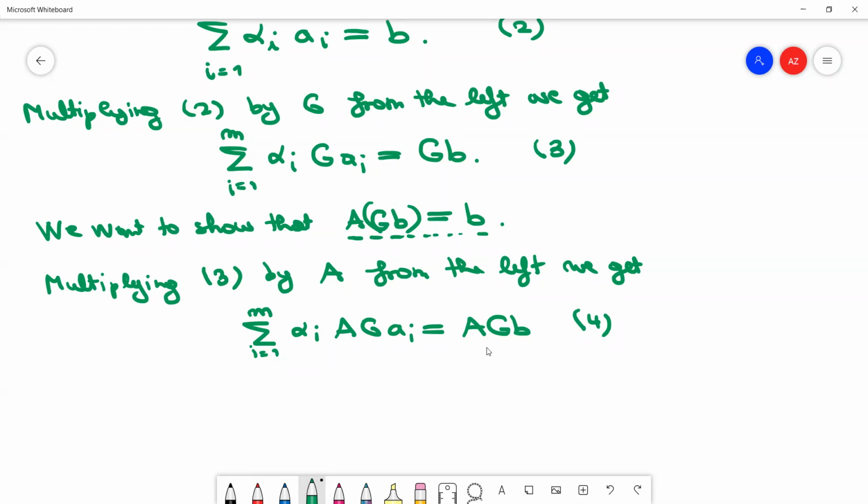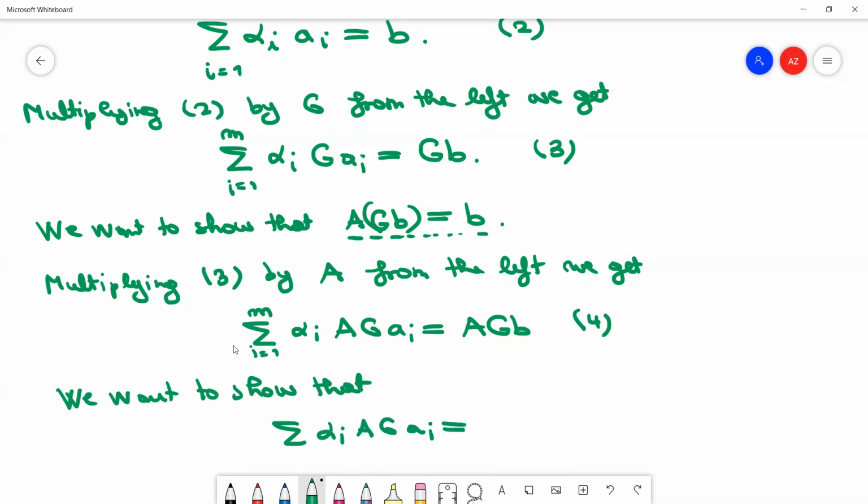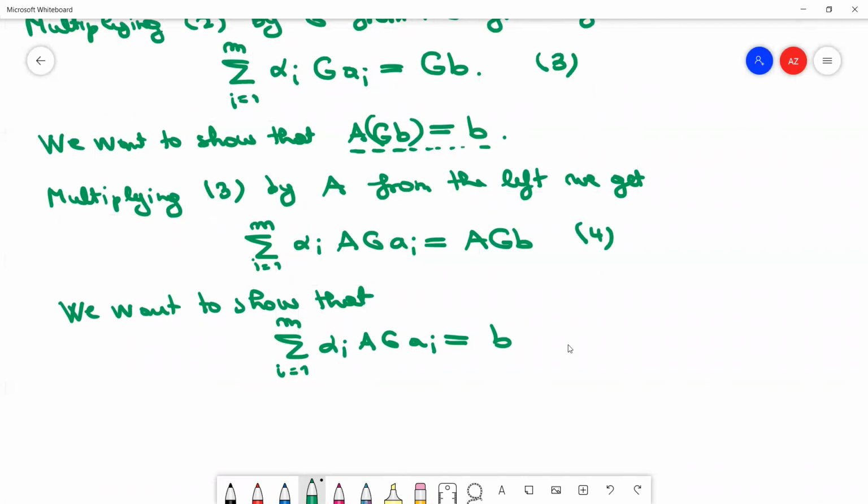So what we have to check is that the left side is equal to B. So we want to show that the left side is equal to B. And if we are able to prove this, then we prove that GB is a solution of AX is B. So whenever I use underlined dotted line, this means that this is something which needs to be checked or proved.